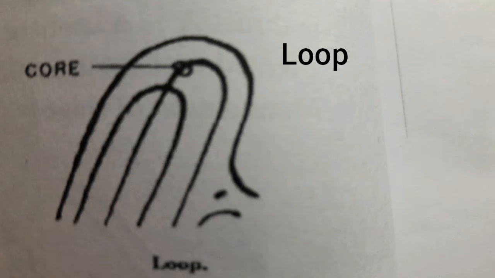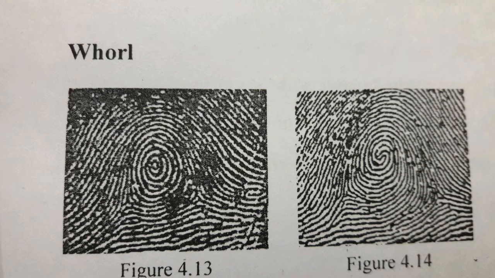The friction ridges come from the little finger side, move some distance, and then return back to the little finger side only. In the case of a loop, there is a delta, there is a core, and there should be a ridge count of at least one, so that we can determine that it is a loop.